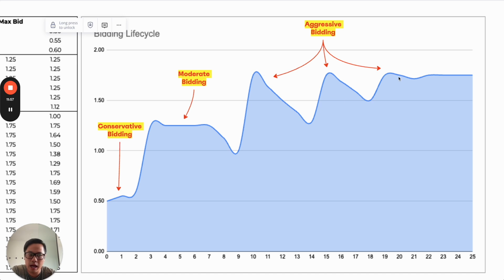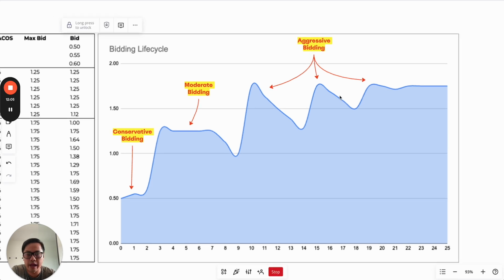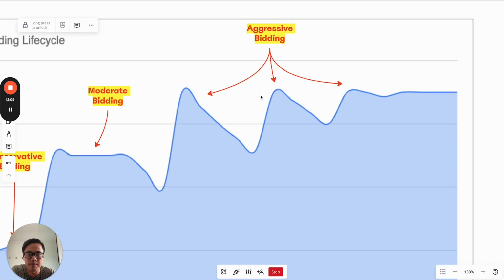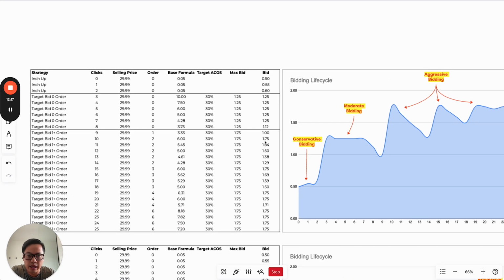Over time, if your history for your product or that target, like the conversion rate and selling price, are all steady, then you're going to notice that the bidding is going to start to become very steady. But you can see the life cycle of this type of bidding style.